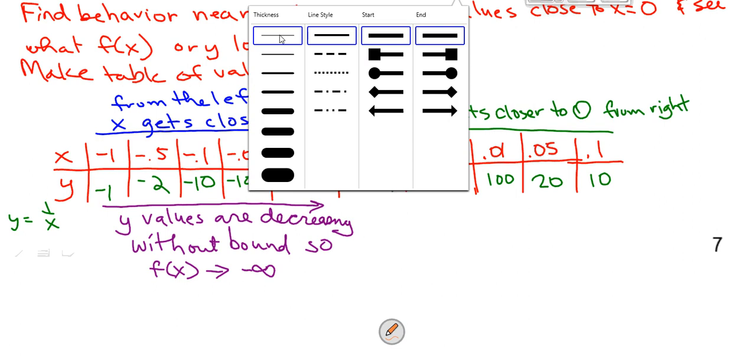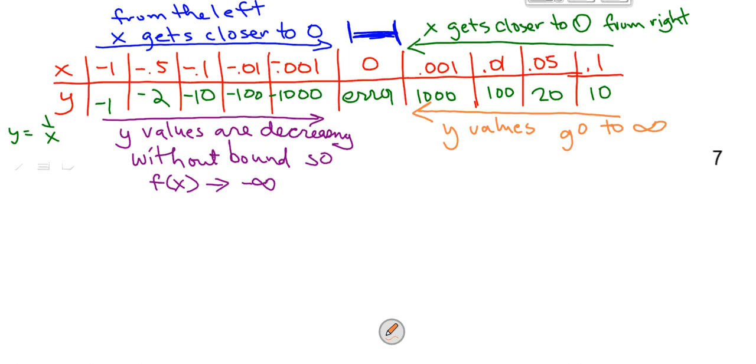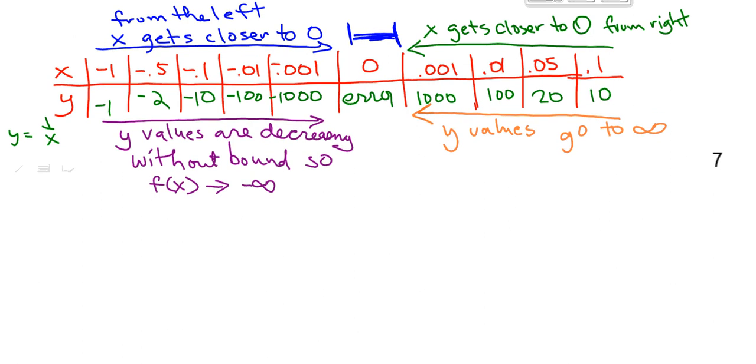And then what's happening to y as we go through here. Now notice that the y values go to positive infinity. And you would see if you try 0.00001 that gets bigger and bigger. So here's what's happening as x gets close to 0 from either the left or the right.